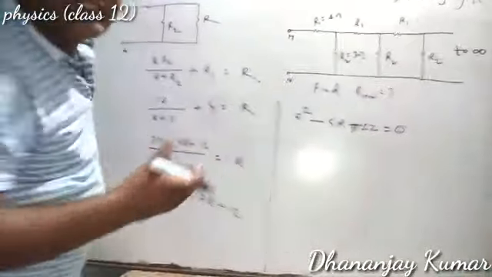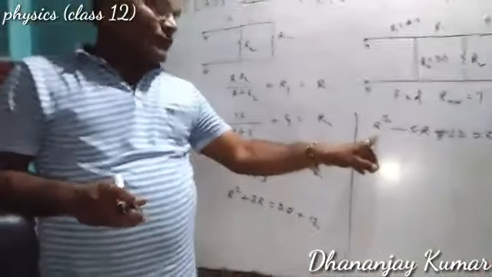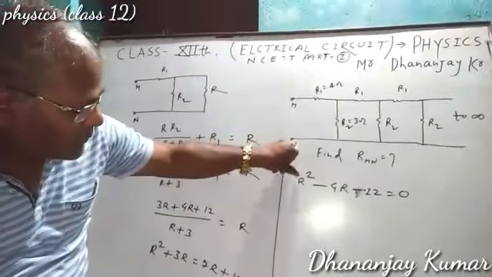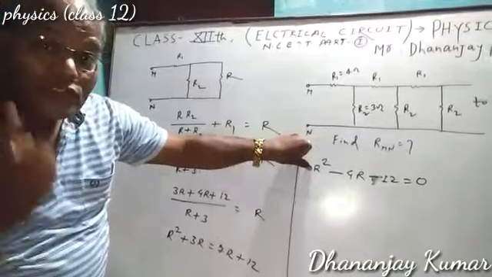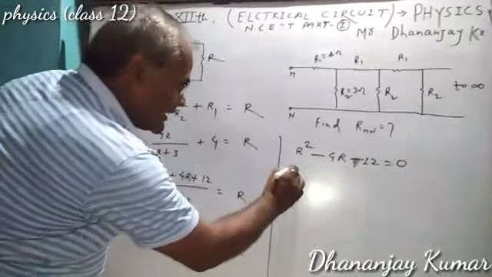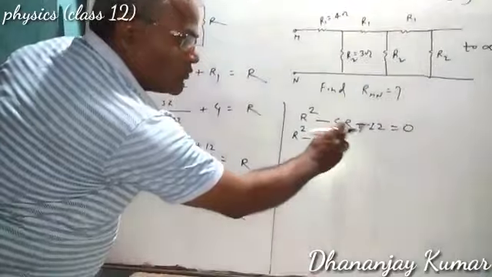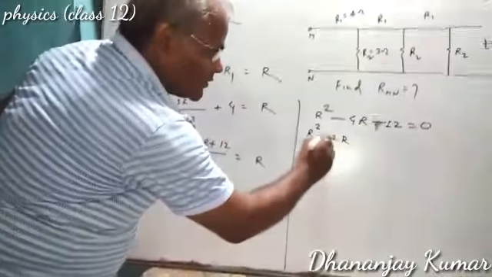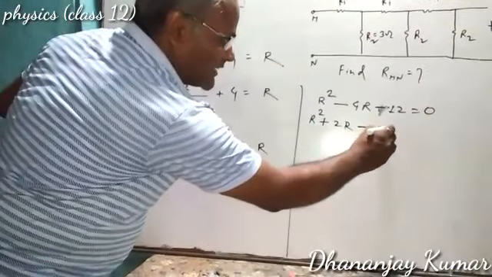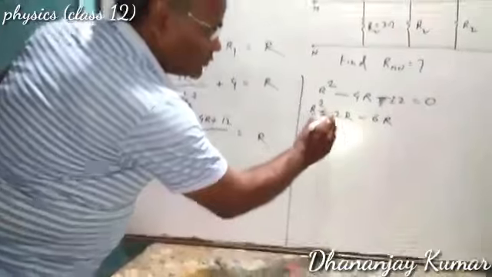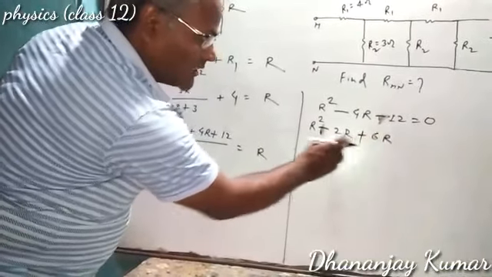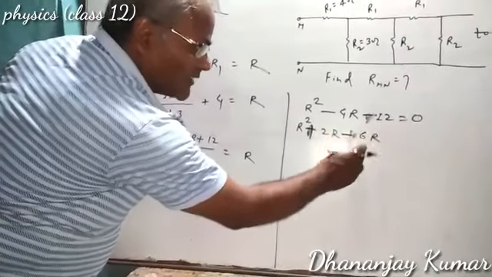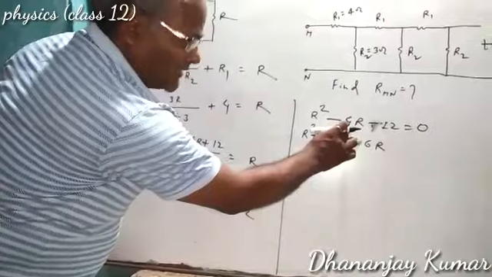And it is a quadratic equation, and so we will get two values of R, because the maximum power of R here is 2. So R squared minus 4R minus 12 can be written as R squared plus 2R minus 6R minus 12 equal to 0, because 2R minus 6R will be equal to minus 4R.